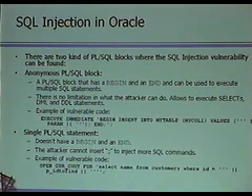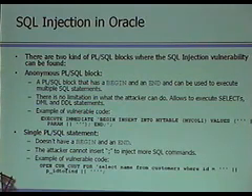When it is in an anonymous PL/SQL block, the block starts with BEGIN and END, and can be used to execute multiple SQL statements. This is the most dangerous vulnerability because there are no restrictions in what the attacker can do. It can execute selects or data manipulation or data definition statements.